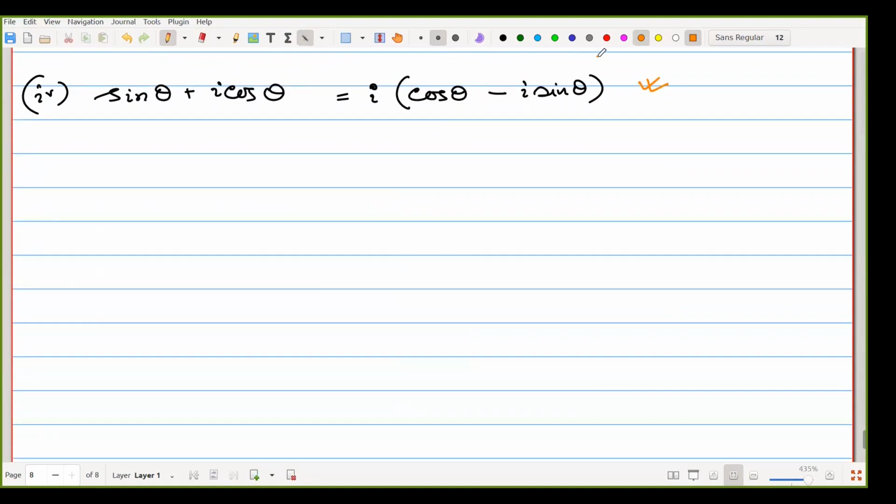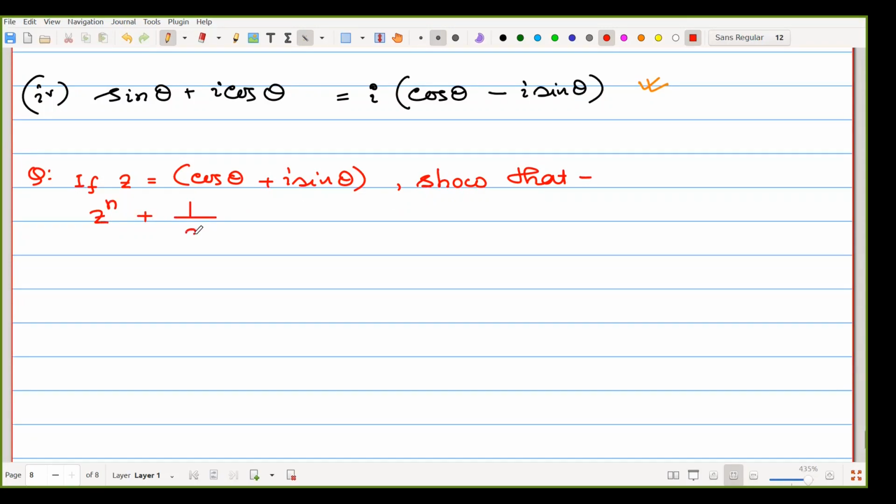Now a problem. Suppose the first problem: if z is equal to cos theta plus i sin theta, show that z to the power n plus 1 by z to the power n is equal to 2 cos n theta, and z to the power n minus 1 by z to the power n is equal to 2i sin n theta.